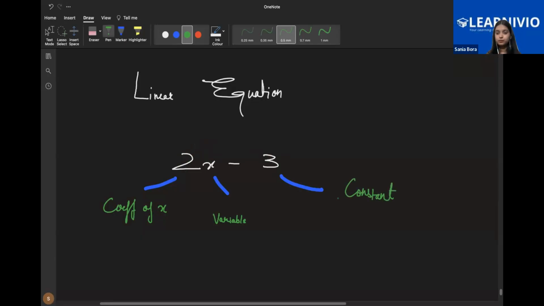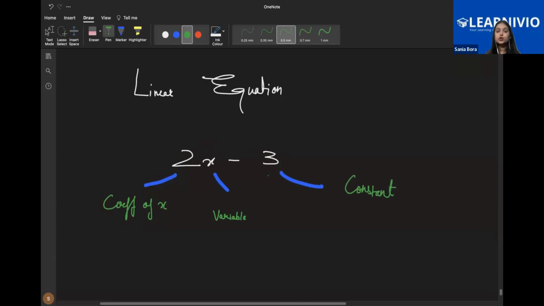Clear? Yes, ma'am. So x, y, z, a, b, c, d, whatever it is, that would be a variable, and the number attached to a variable would be the coefficient of that variable. And the number which is all alone is known as a constant. Clear? Clear, ma'am. Okay, so quickly write this down in a notebook and then I'll give you one question. You will tell me which one is the coefficient, which one is the variable, and which one is the constant.